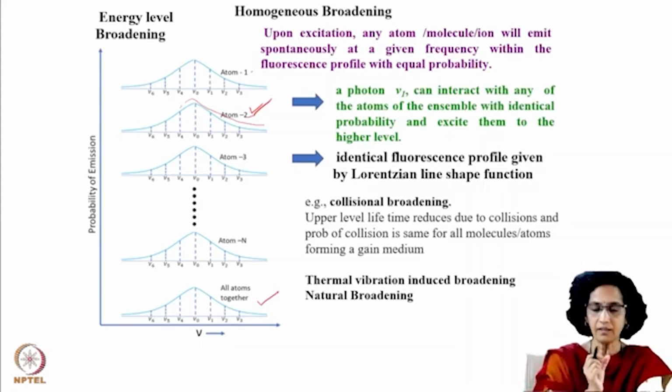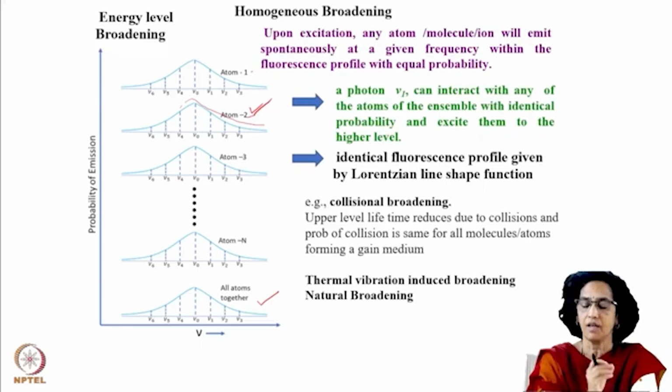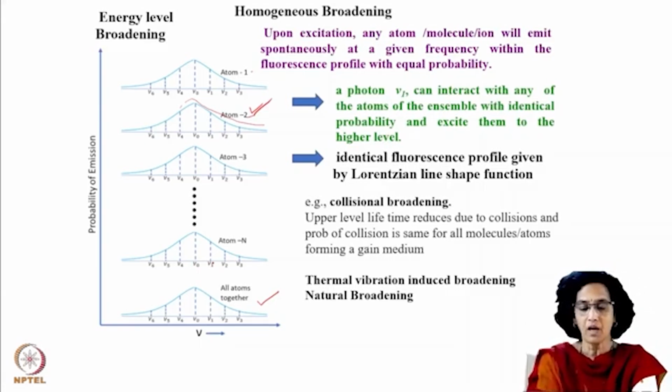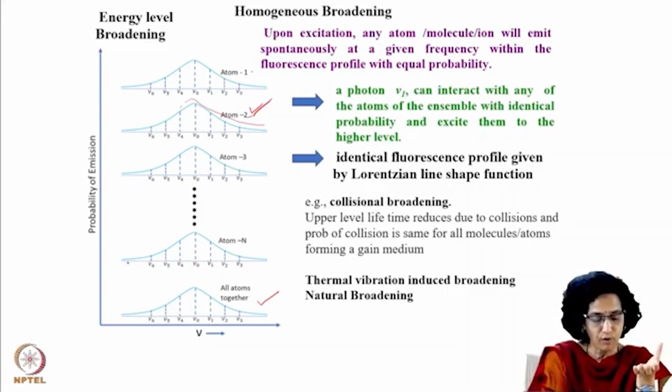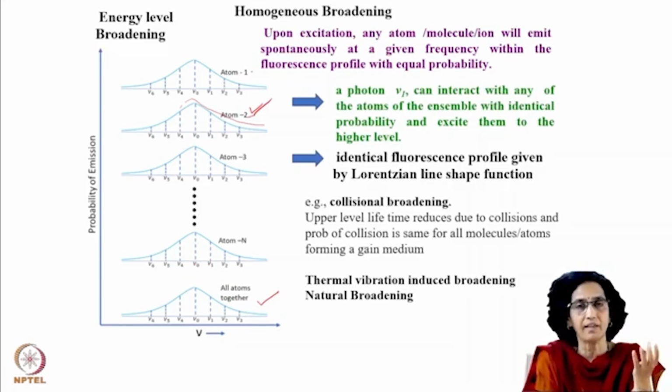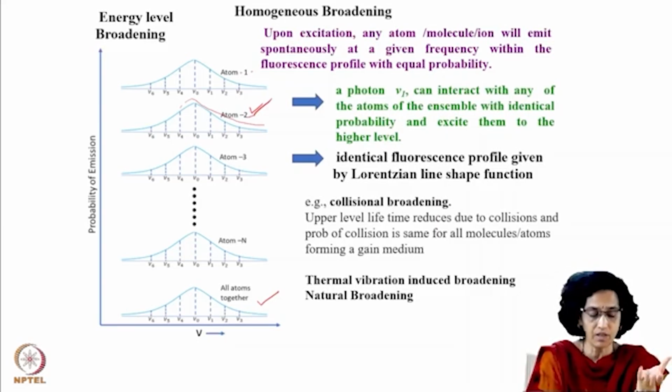That means that upon excitation, any species will emit spontaneously at a given frequency, which could be nu0, nu1, nu2, nu3, within this fluorescence profile with equal probability. That means all species are identical. They are indistinguishable with regard to their emission feature.